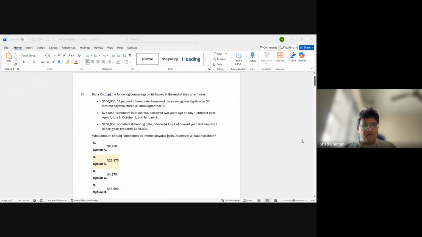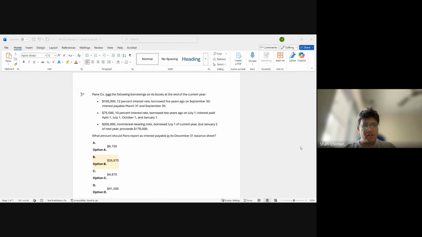P company had the following borrowings on its books at the end of the current year. First, $100,000 at 12% interest rate, borrowed 5 years ago on 30th September. Interest is payable on March 31st and September 30th. Second, $75,000 at 10% interest rate, borrowed 2 years ago on July 1st.